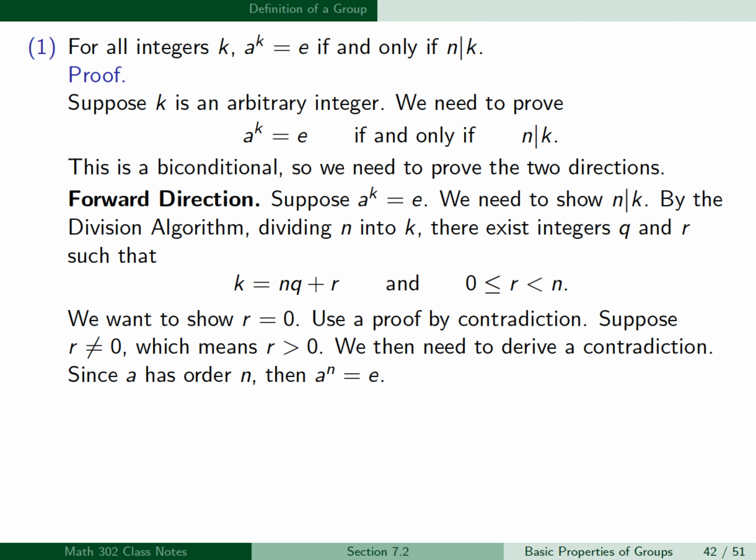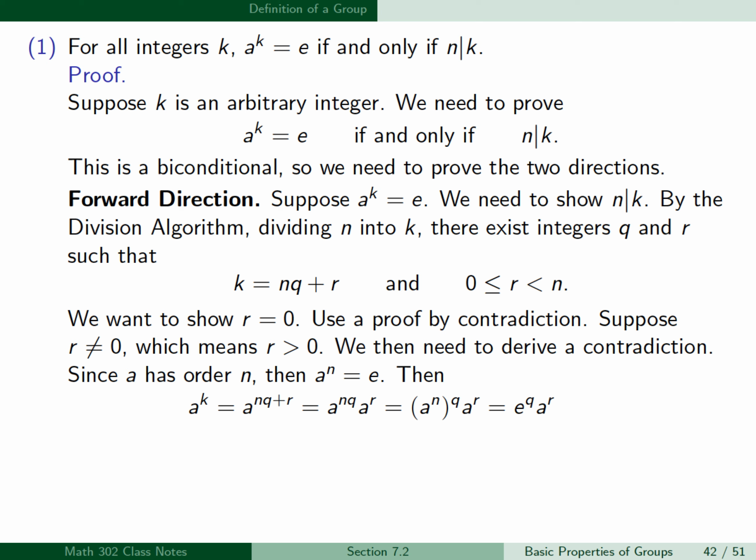Now since A has order n, then we know that A to the n is equal to E. Then A to the k, which is A to the nq plus r, which will be A to the nq times A to the r, which is A to the n raised to the q power times A to the r.